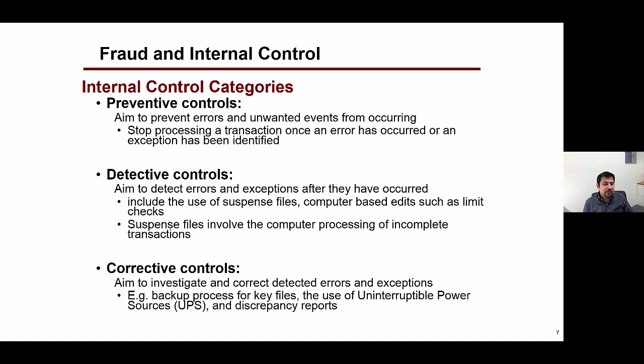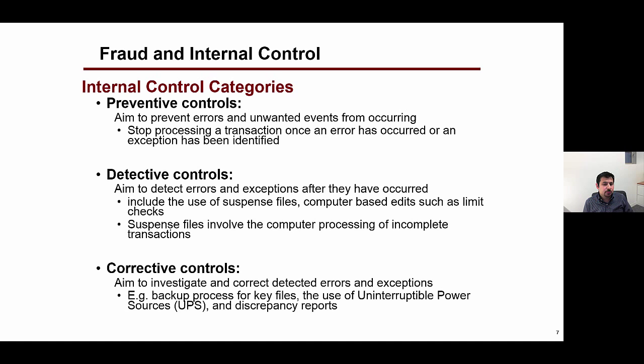As a result, detective controls would help in identifying cases where this employee has done something like that, and it will identify this mistake. And the same thing can be said also about duplicate payments. We said that there are preventive controls that prevent the same invoice from being paid twice. But in certain cases, what if one number of the invoice number was omitted?